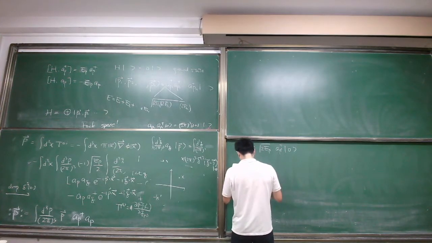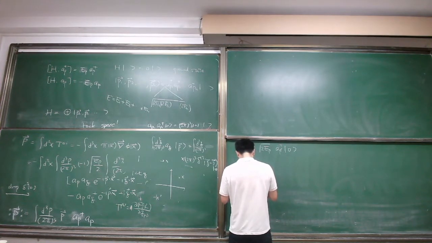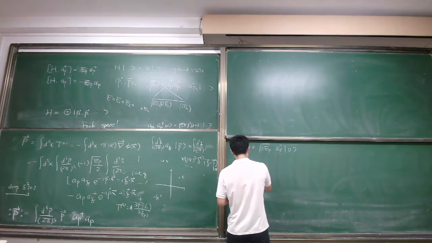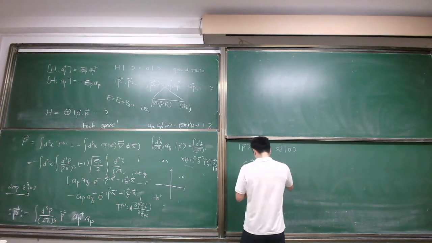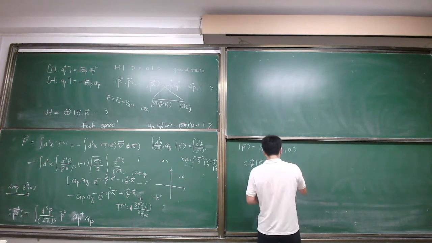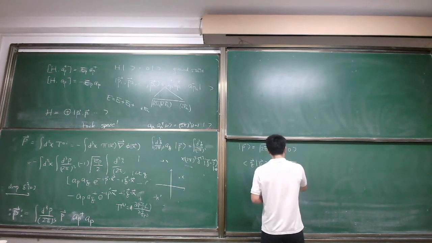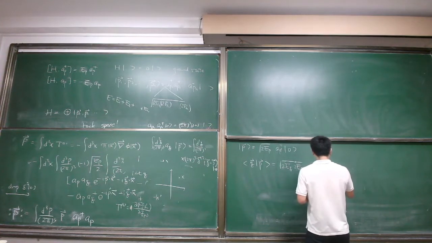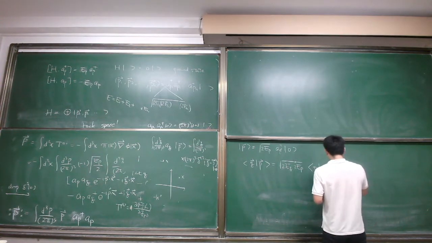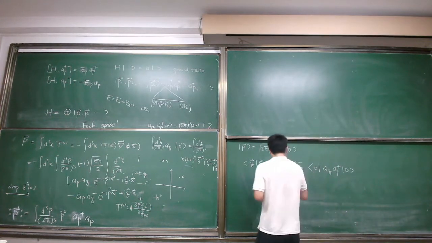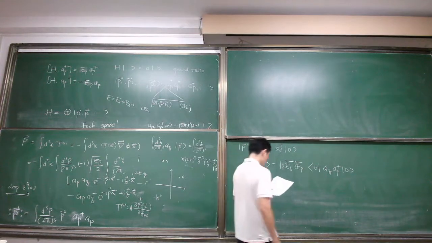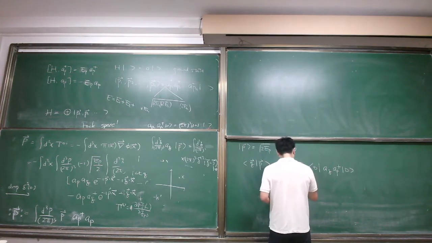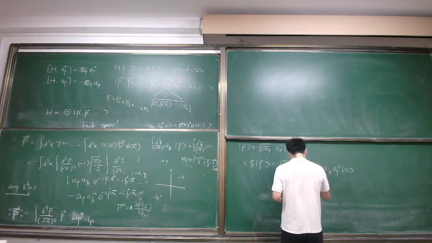If you take an inner product of Q and P, then essentially we have square root of 2E_Q, 2E_P, and then the vacuum, A_Q, A_P dagger, and the vacuum. And as I mentioned, this one is equal to 2E_P, 2 pi of Q.